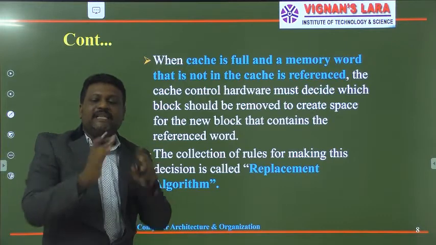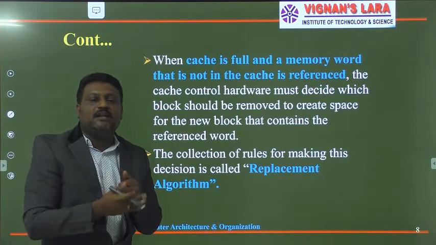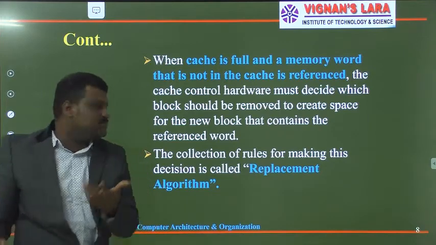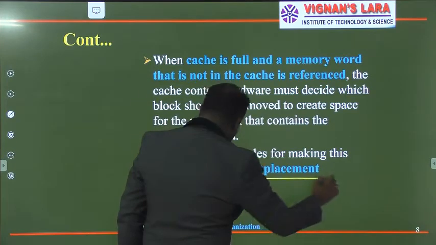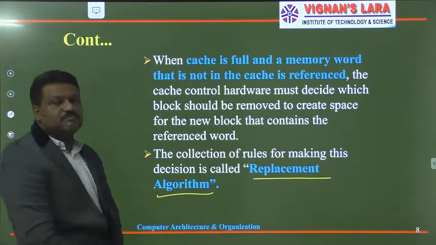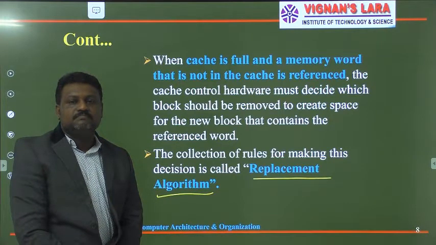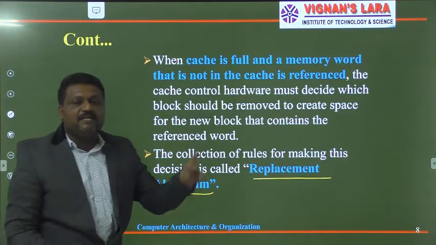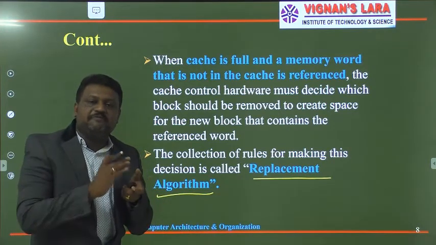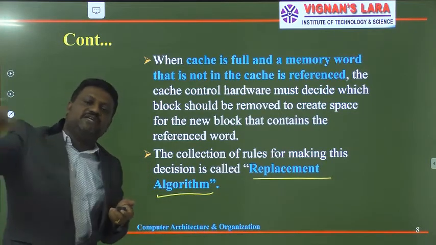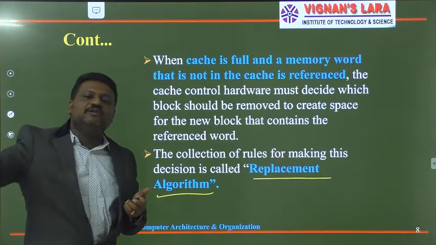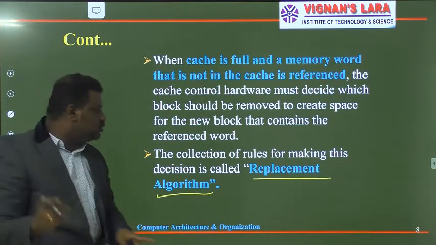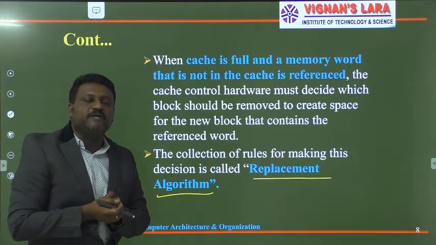In order to select one particular line of the cache, I have to use particular mechanisms, which we call replacement algorithms. With the help of a replacement algorithm, I select one particular line of the cache which must be vacated. That line we can send to main memory, and the newly received block can be stored onto that line. What is a replacement algorithm?